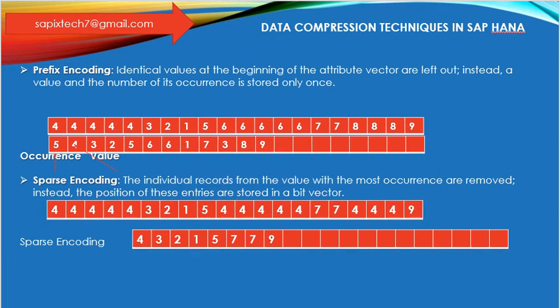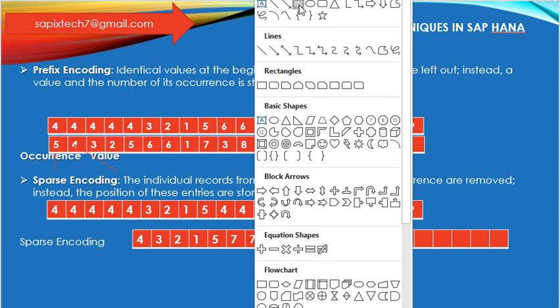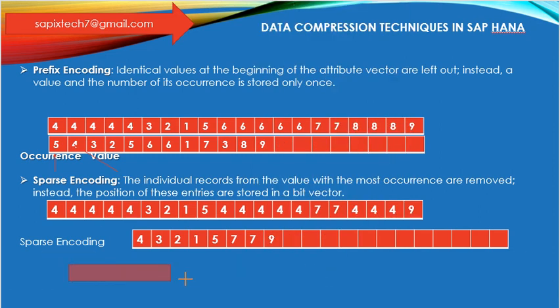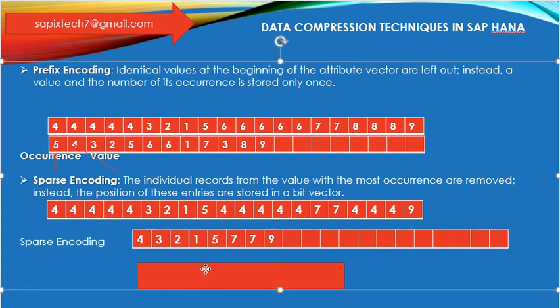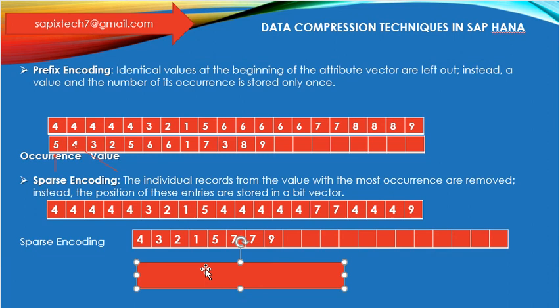So what will be the bit vector for this? For the above data, it will create a bit vector which will store the actual position of these records.